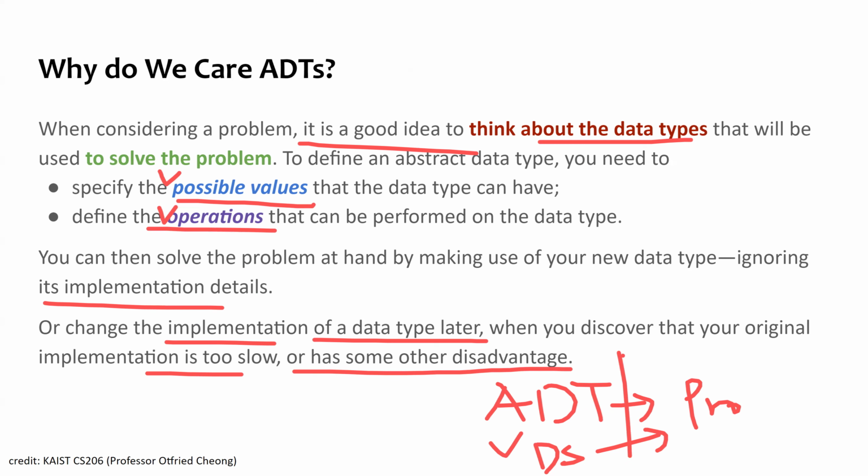After this line, you don't have to care about anything. You can use the same ADT to solve the same problem. You just need to change the implementation. This is similar to abstraction barrier between objects and users. Users don't care about how it is implemented. They just use it.